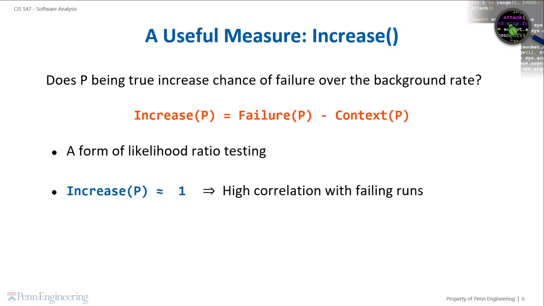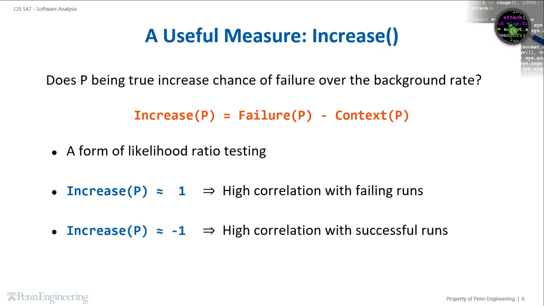If p's failure score is close to 1, then either there were no successful runs where p was true, or there must have been many more failing runs in which p was true than successful runs. And if additionally p's context score is close to 0, then there must have also been many successful runs in which p was false. So, if p's increase score is near 1, it means that p is highly correlated with the failure of a run.